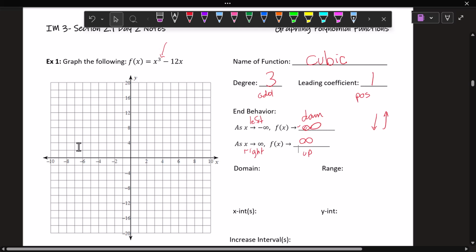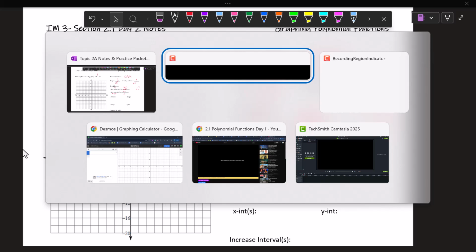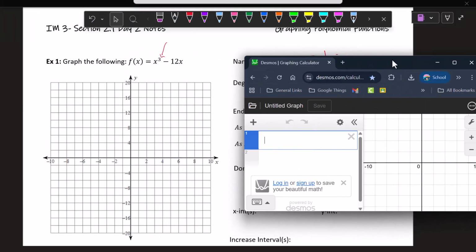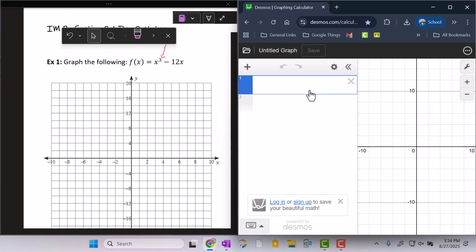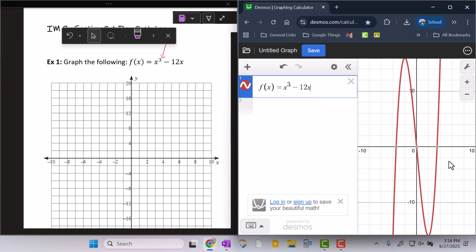So that's great. But let's get our Desmos on so that we can graph this function, because that's not a very nice function. I don't know the values offhand, so we have to do this.